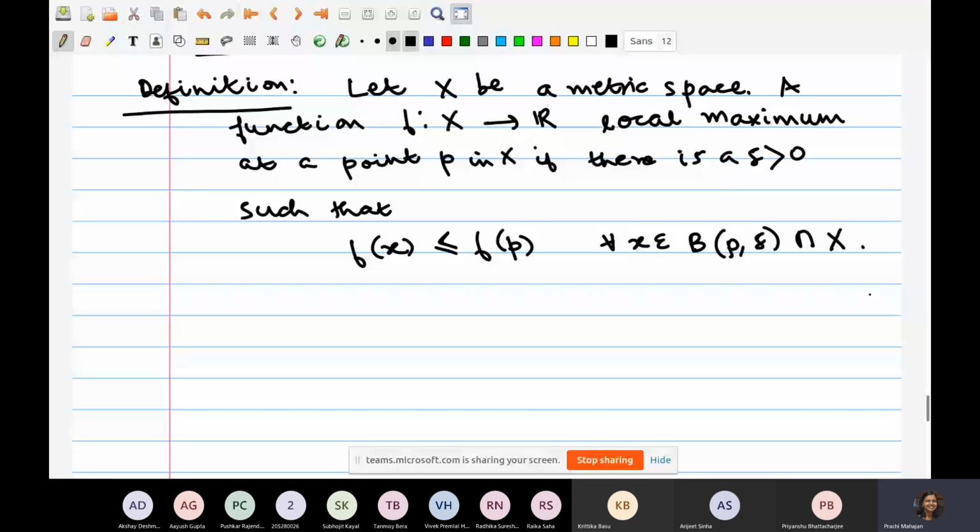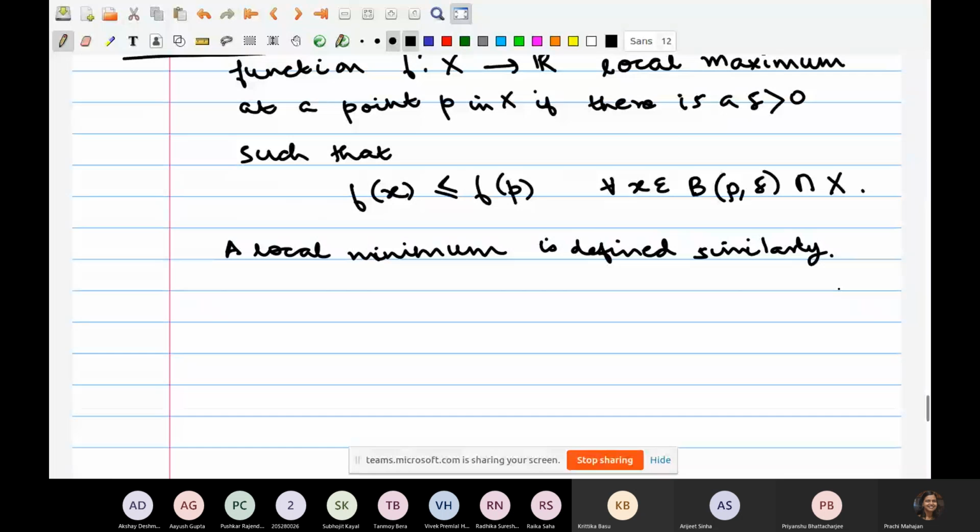And a relative minimum or a local minimum for a function can be defined analogously. So I'll just write that down. So for example, if my function looks like this, so this is not very nice.